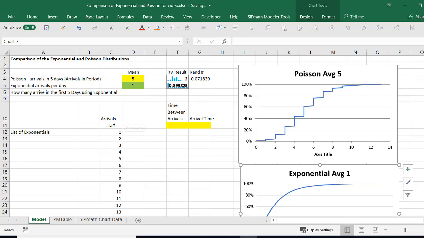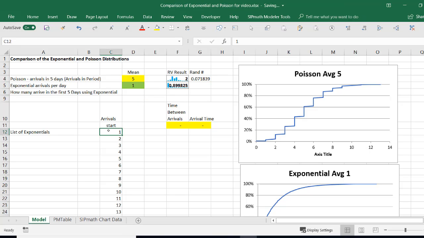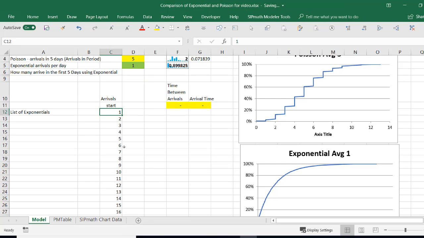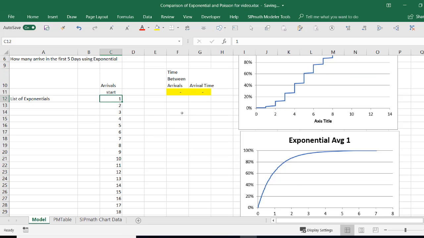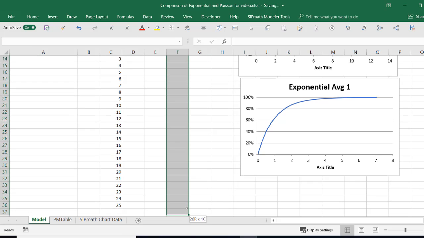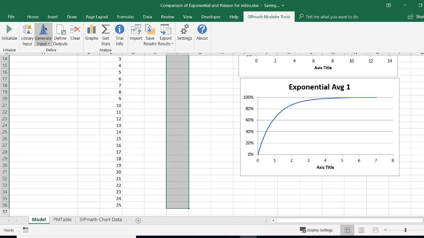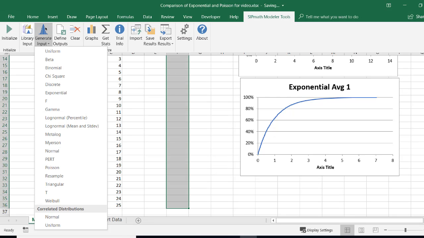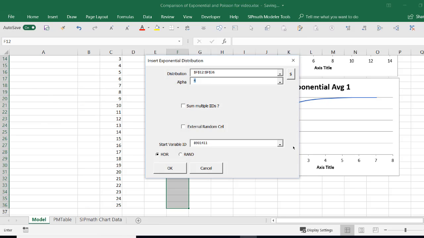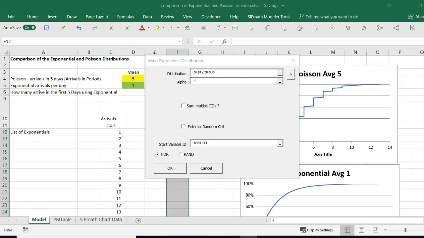So let's define, starting with 1 here and going down to 25, I think it is, what I had. Let's put in some mean arrival times. So what I'm going to do is highlight these 25, come up here to SIPmath, generate input, exponentials, and they are all going to have a mean of 1.